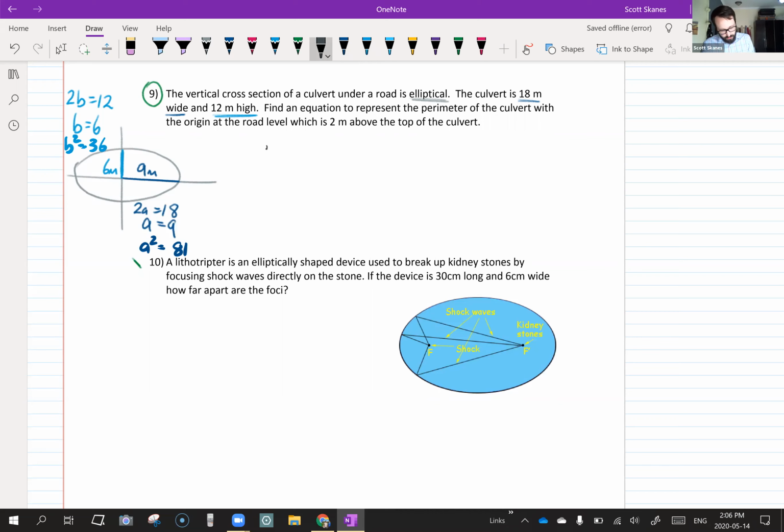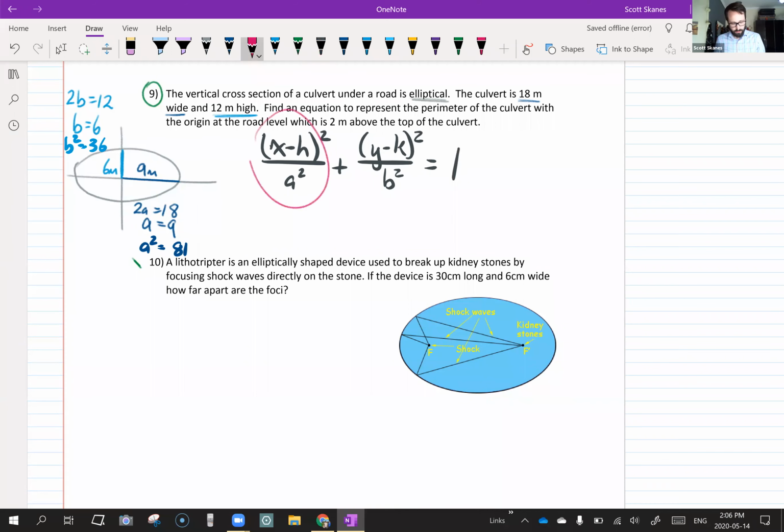Let's look at this. Our equation for an ellipse looks like this. I know that this has the A term because it's stretched in the x direction, and A is the bigger stretch. And I just fill in my values.